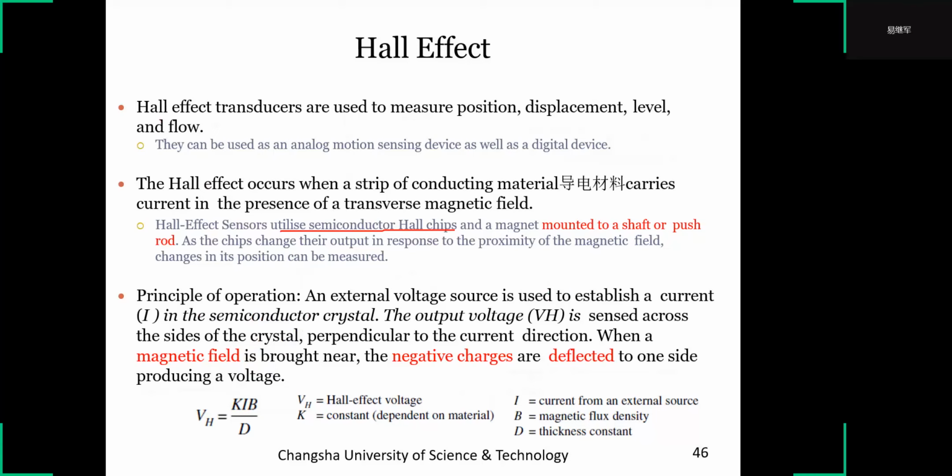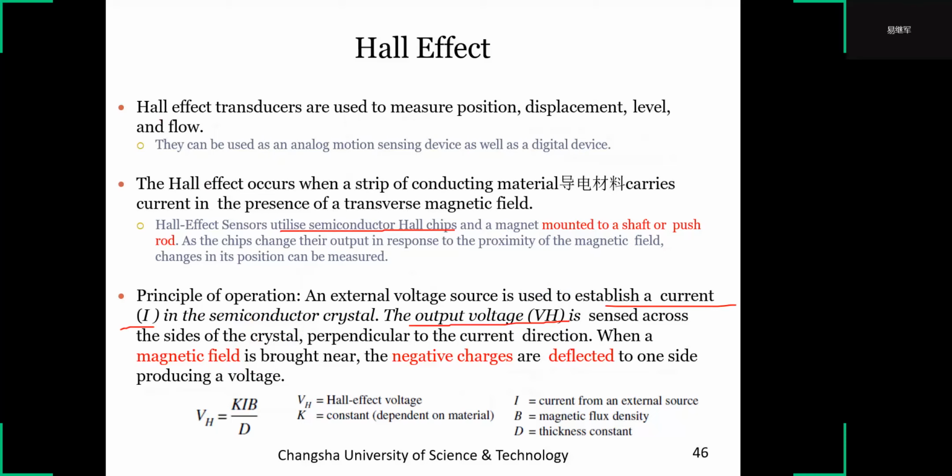Principle of operation. An external voltage source is used to establish a current in the semiconductor crystal. The output voltage is sensed across the side of the crystal, perpendicular to the current direction.